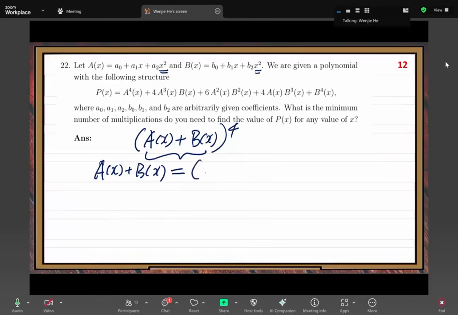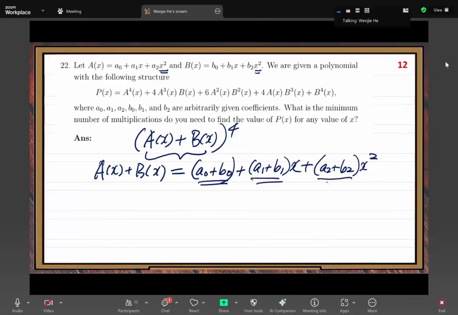Here, we should write it: we combine the terms. Before we do the multiplication, we need to combine the terms. After we combine, because the addition we do not count, right? Addition is very fast, multiplication is very slow.